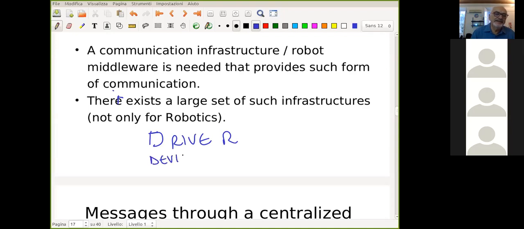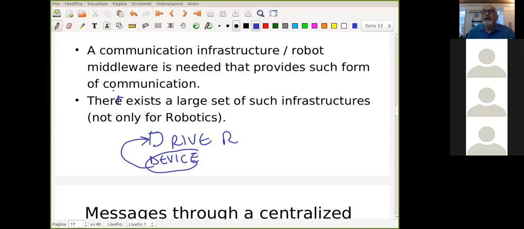A device driver is a piece of software that abstracts the peripheral or the hardware so that you can control the hardware, sending data or making the hardware do something.